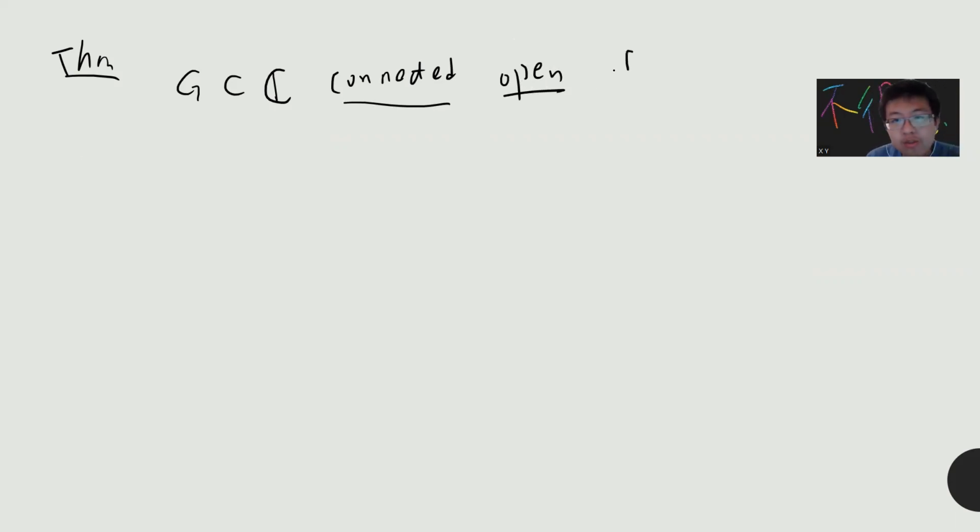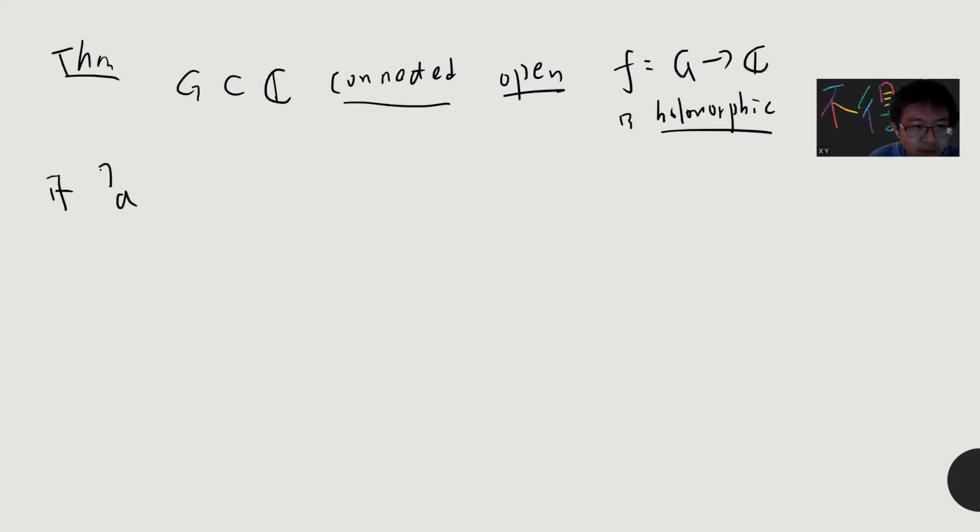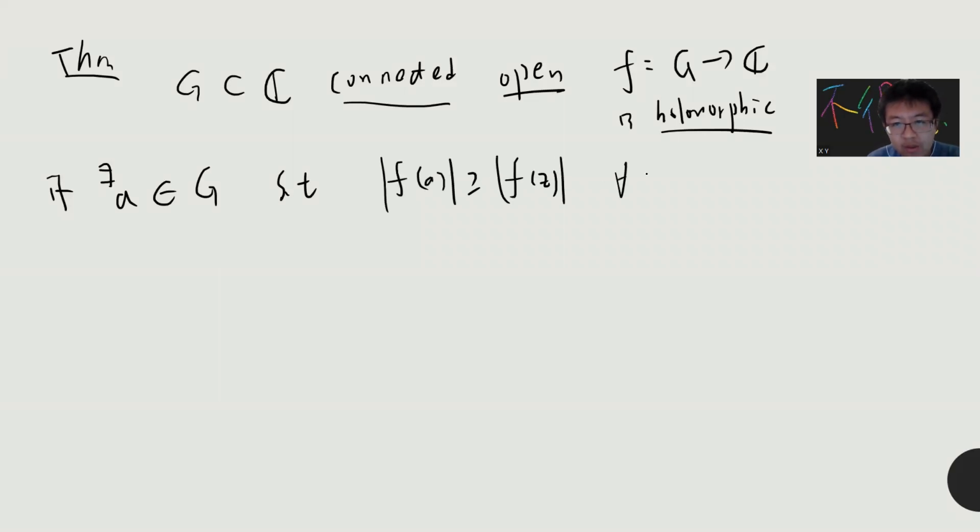And you have f on G which is holomorphic. A holomorphic function is the basic ingredient in complex analysis, right? So if there is a in G such that |f(a)| is a maximum, basically |f(a)| is greater than or equal to |f(z)| for all z in G, then f is constant.